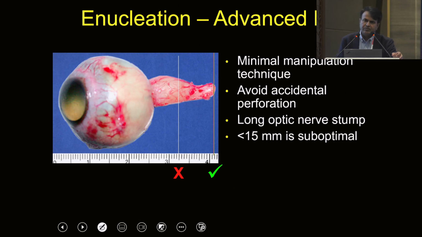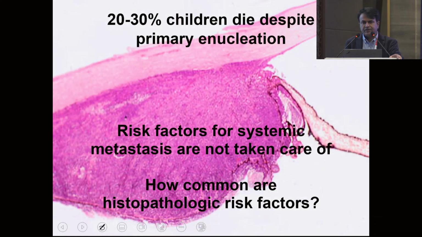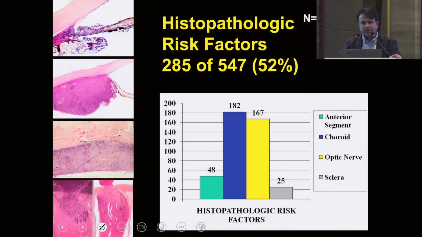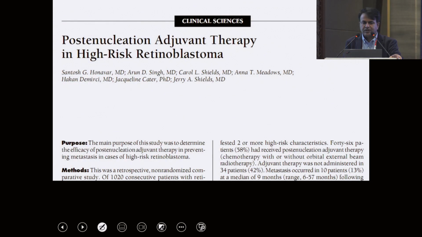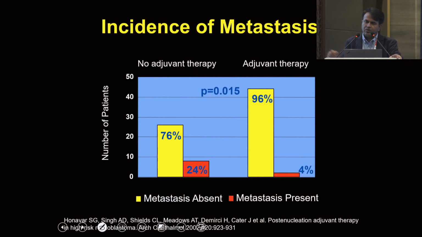About enucleation, we know that we need a long optic nerve stump, longer the better. 15 to 20 millimeter is ideal. But at the same time, we have to orient our pathologists to identify high risk factors, histopathological high risk factors, which are iris and ciliary body invasion, choroidal invasion of more than 3 millimeter in diameter or 3 millimeter in thickness, and optic nerve invasion beyond the lamina cribrosa.